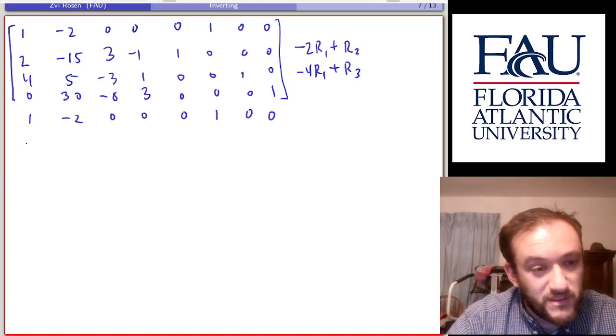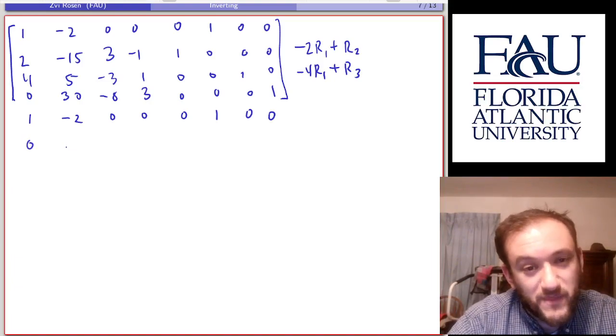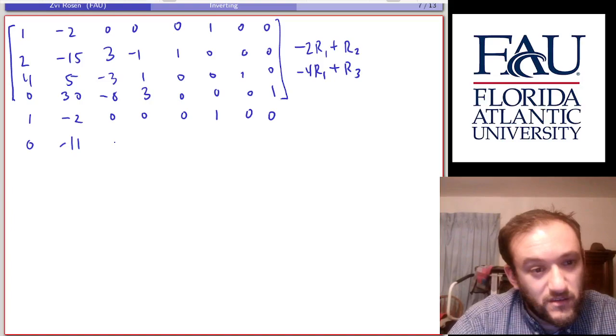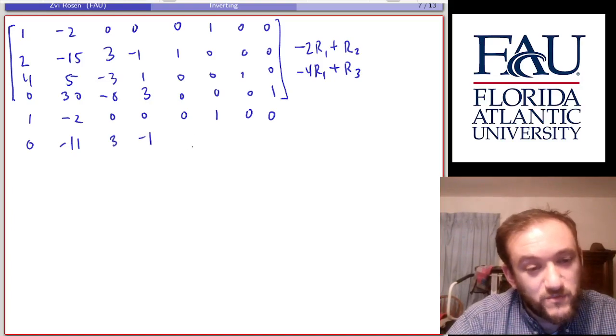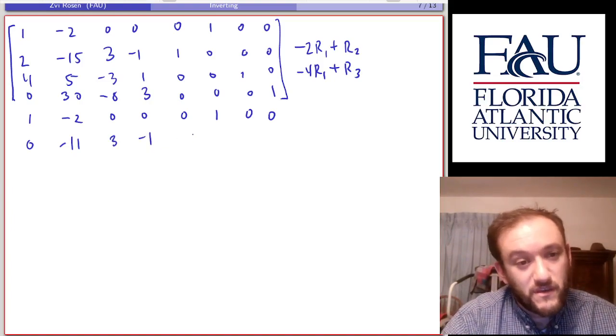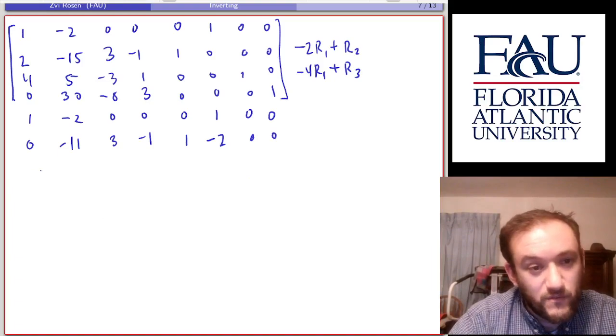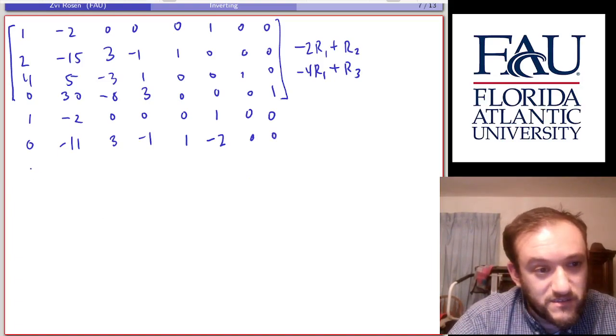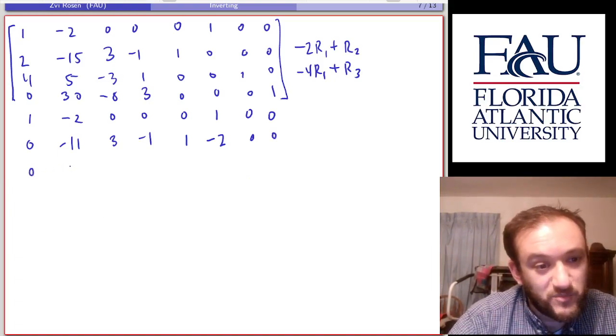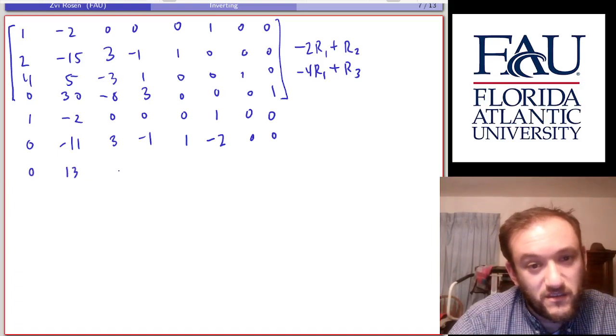Okay, and then the next row down, we get 0. 4 plus minus 15 is minus 11. Then 3 minus 1, since those are just zeros. This stays 1, this becomes minus 2, and the rest are zeros. Okay, as for the next row, we get 0. 8 plus 5 is 13.